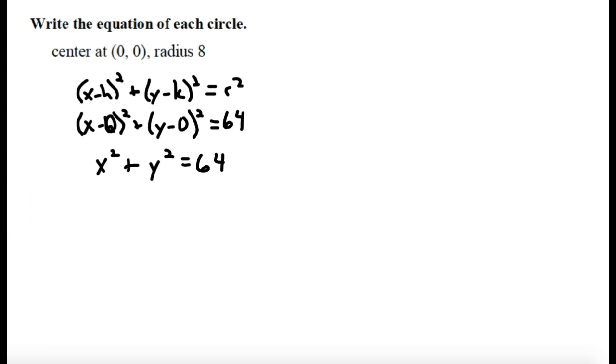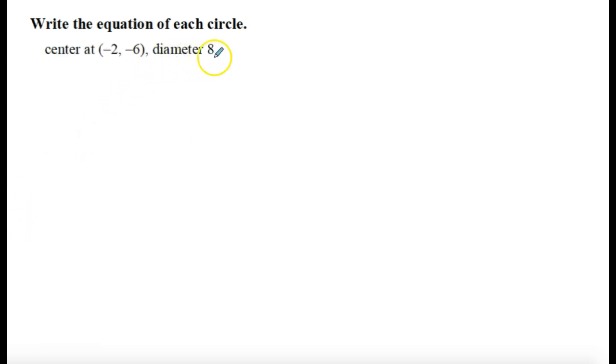How about one where we're given the diameter instead of the radius? If we're thinking about writing the equation of a circle, we always need the same two pieces of information, the center and the radius. Well, if we're given the diameter, we know that the radius is just exactly half of the diameter. So if the diameter is 8, the radius is 4.